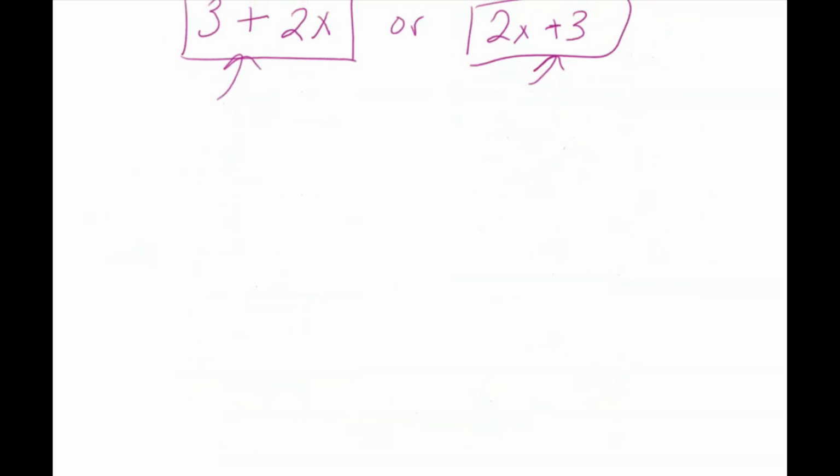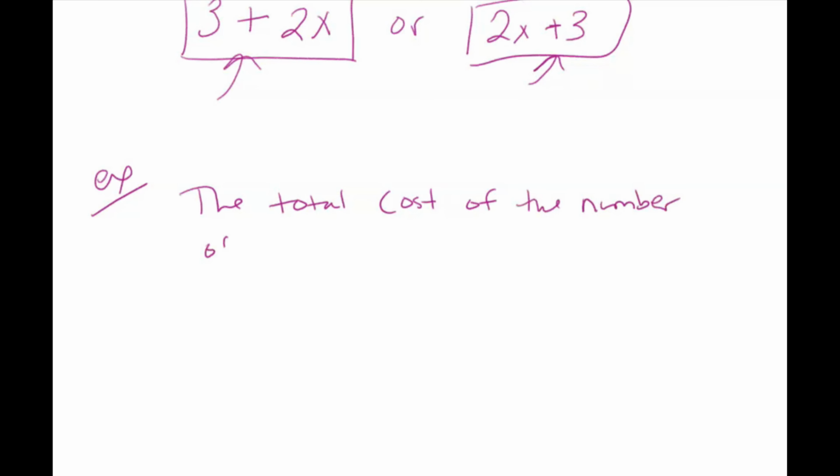All right, what if we had something like the total cost of the number of items times 1.15. Okay, so now we have a lot of things going on in this one, and this is going to come in at the end of your assignment.